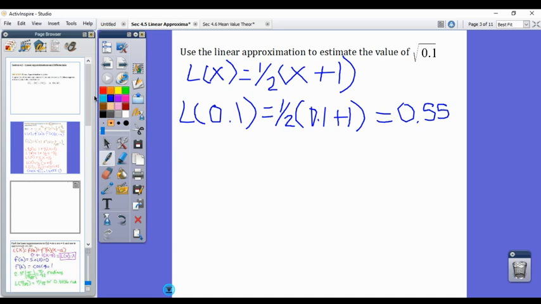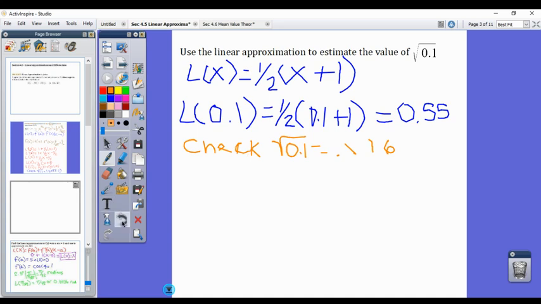Now I'm going to do my check. So my check is I'm going to do the square root of 0.1. And I'm getting 0.316.